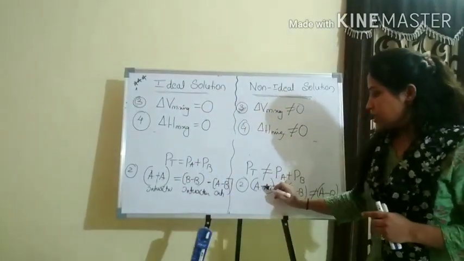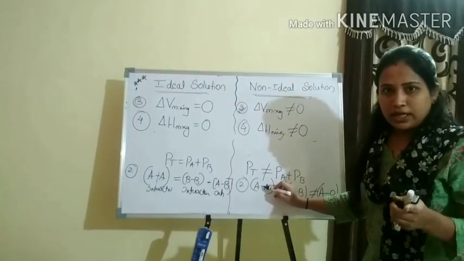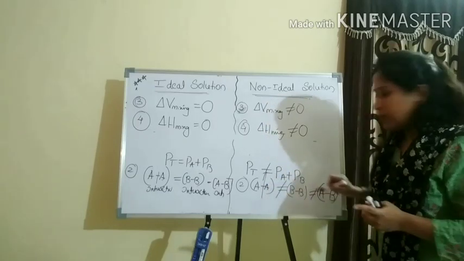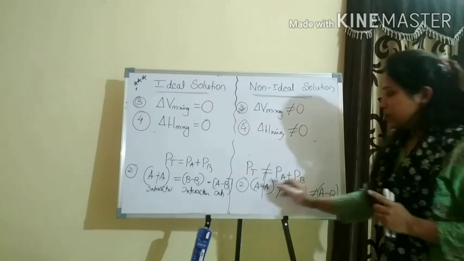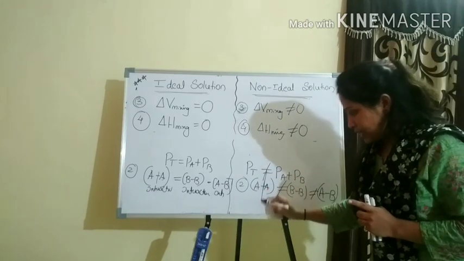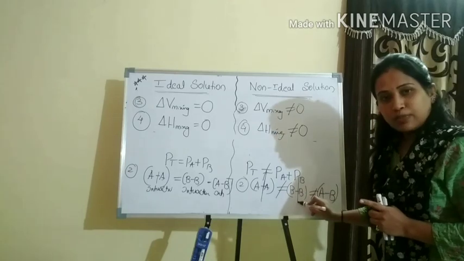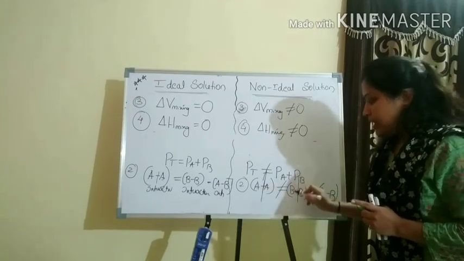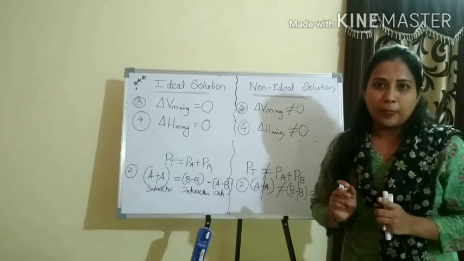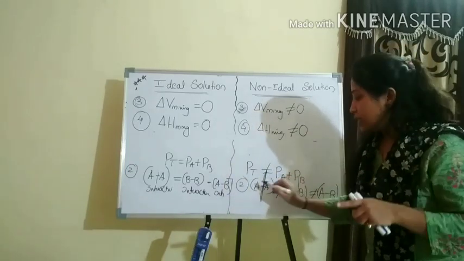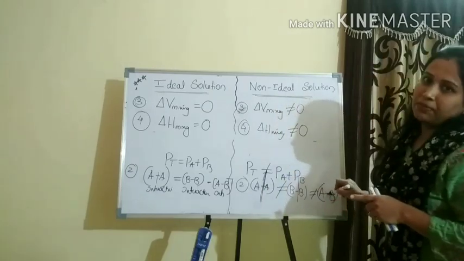Obviously, what happens if the AA molecules are strongly held before mixing? I need to break this bond upon mixing. Means this AA molecule should break its bond, and similarly the BB molecule should break its bond, so that the A and B bond might form. Here the breaking of the bond is taking place, and the making of the bond is also taking place.